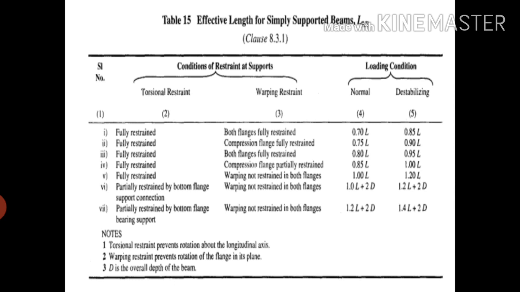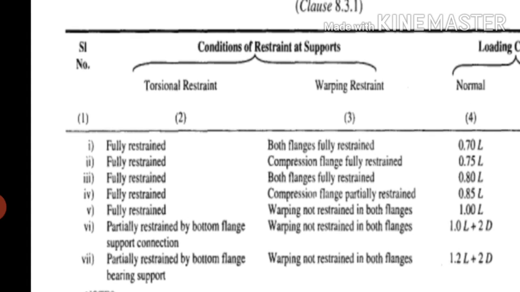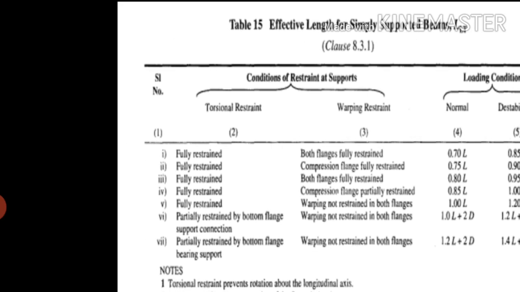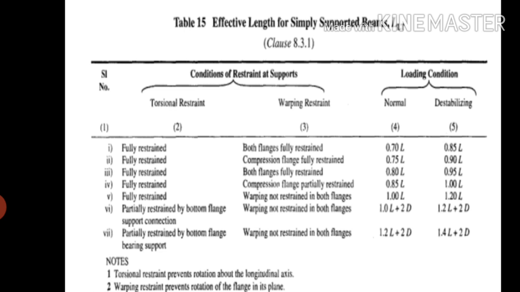The torsional restraint prevents rotation about the longitudinal axis. The warping restraint prevents rotation of the flanges in their plane. So these are some of the conditions given for the effective length of the simply supported beam. Please go through Table 15 of IS 800-2007 about the restraints.